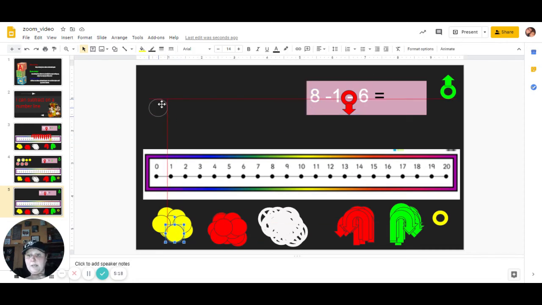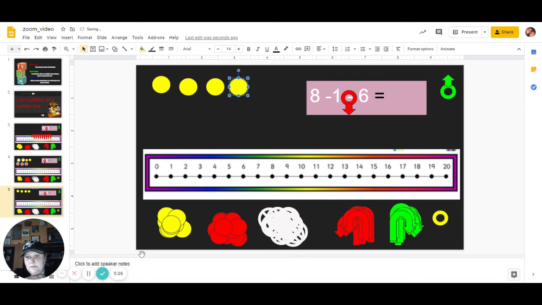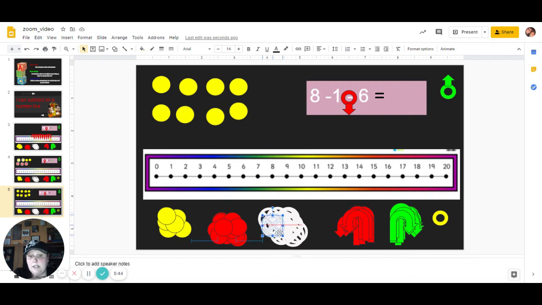So I'm going to pull out my counters. 1, 2, 3, 4, 5, 6, dropped it, sorry friends, 7, and 8. Okay, so I have 8. Then I'm going to subtract 1. So here is my x, and I'm going to move it 1.